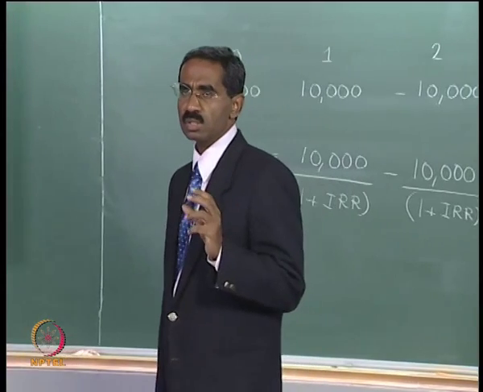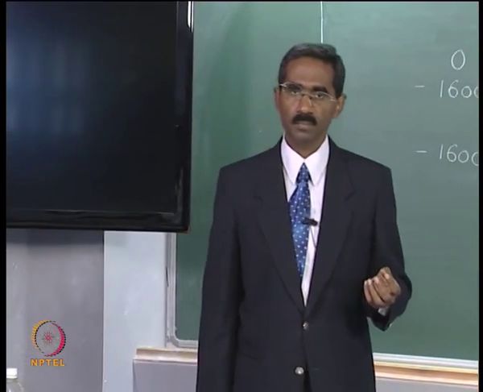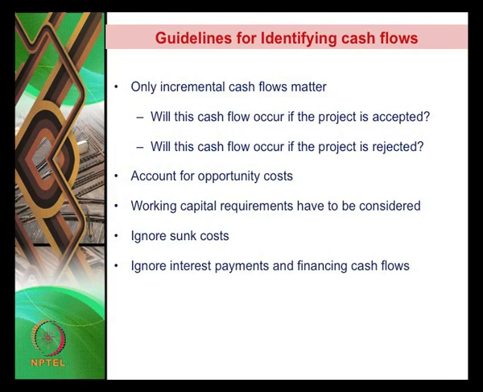The first question is, will this cash flow occur if the project is accepted? The second question is, will this cash flow occur if the project is rejected? The response that we get to these 2 questions will help us to determine whether the cash flow is incremental or not. Now what do we actually mean by an incremental cash flow?